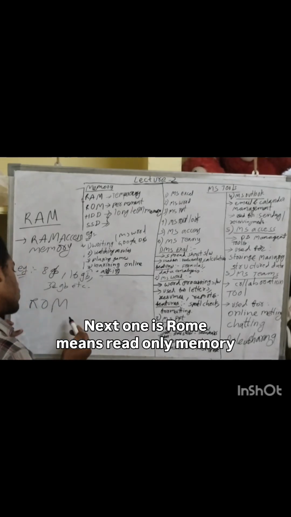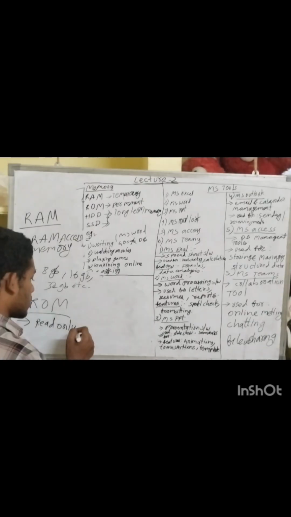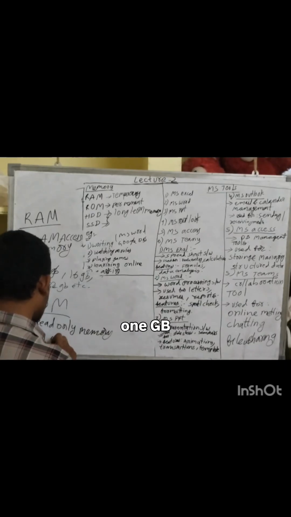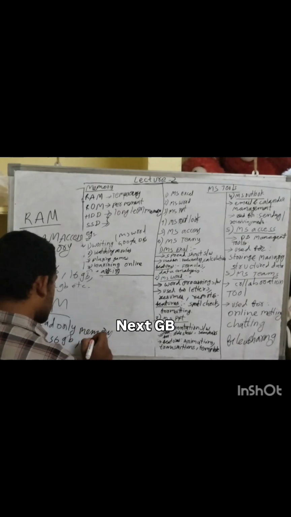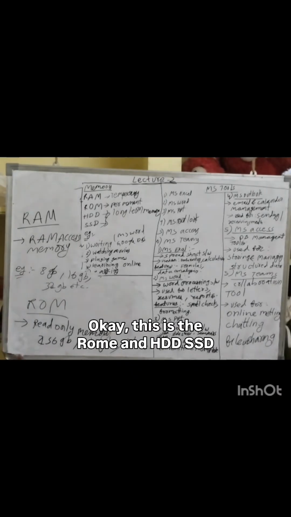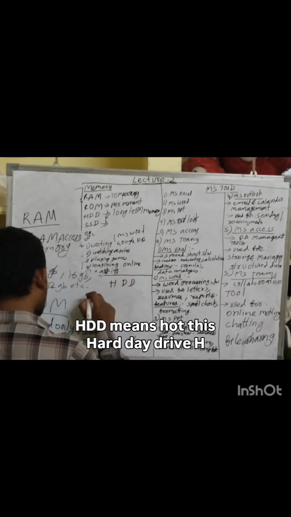Next one is ROM. ROM means read-only memory. It can only be read. It will have 256 GB, 512 GB, 1 TB, etc. Okay, this is ROM. And HDD, SSD. HDD means hard disk drive.